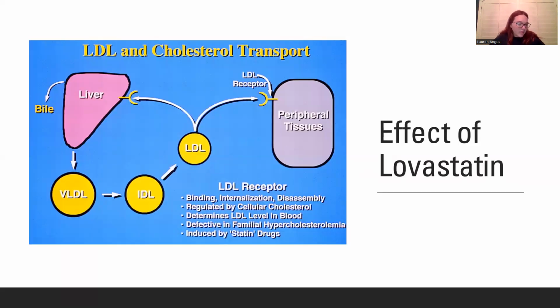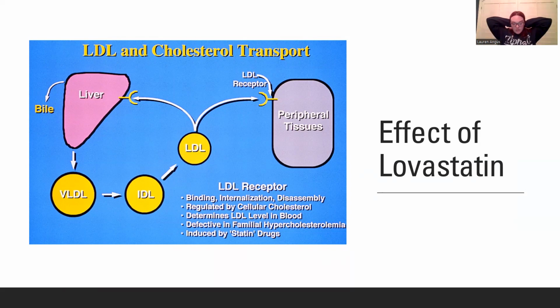Lovastatin can also increase the number of LDL receptors on both the peripheral tissues and within the liver. So whenever the LDL receptors get increased, you'll have an increased rate of extraction of LDL from the blood, and you'll increase the liver's extraction of LDL precursors.